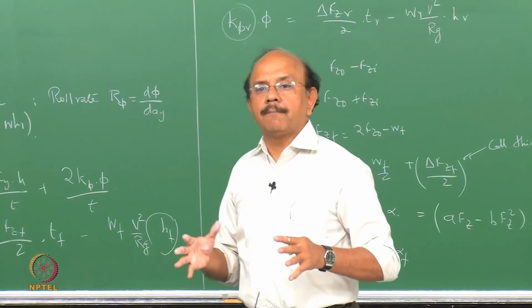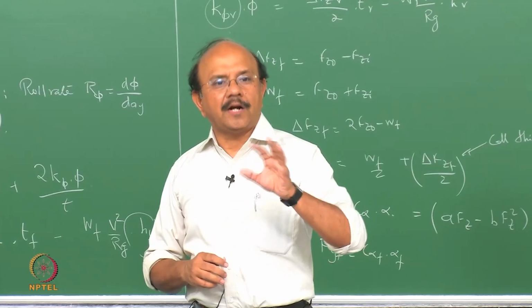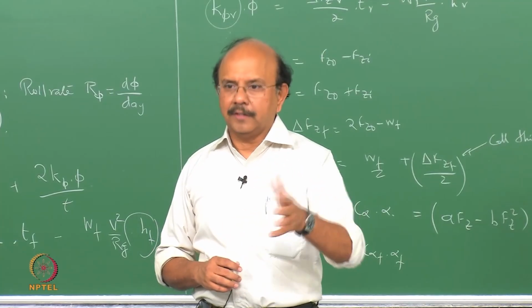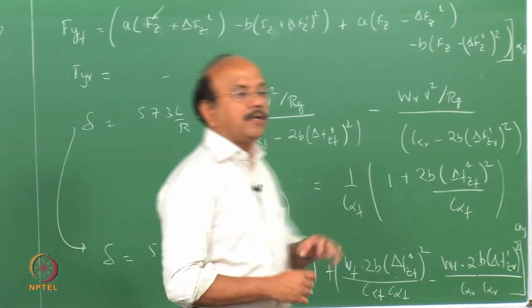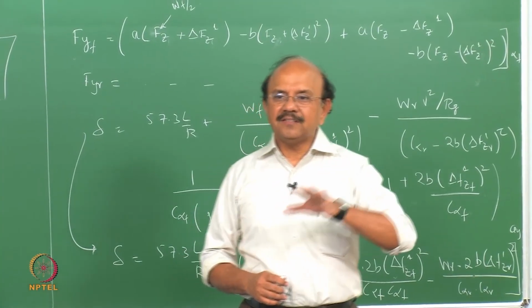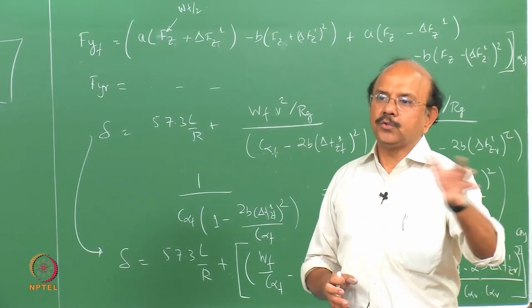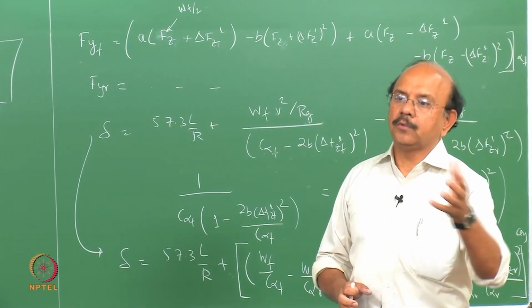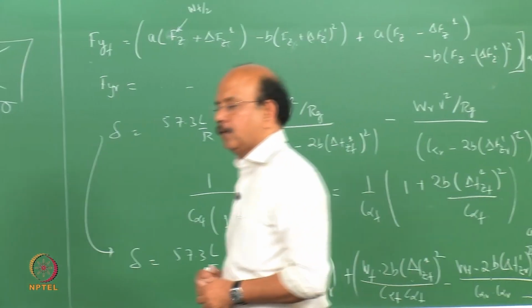So in other words, the oversteer or understeer characteristics of the vehicle, or let me say the understeer gradient of the vehicle, would now change from one value to another value as you roll, or as you go into a maneuver.